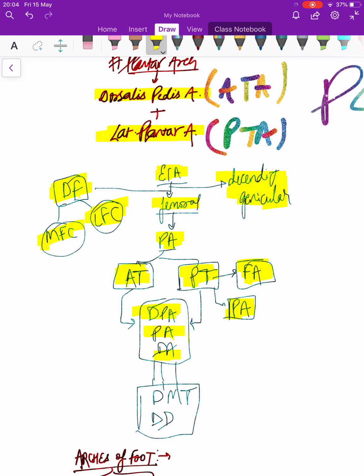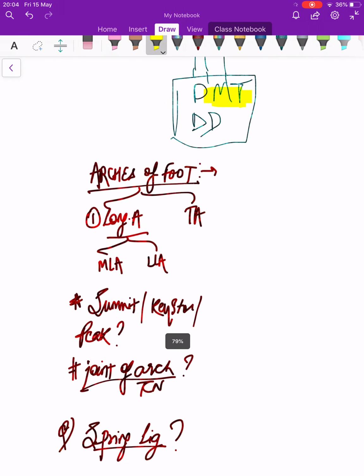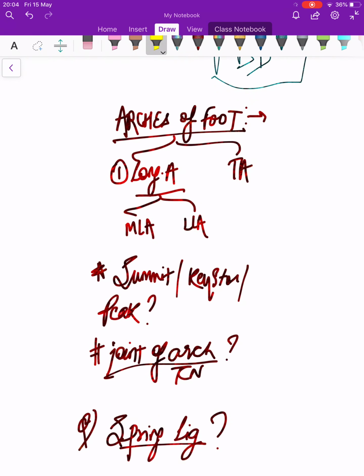And also they will give a branch to the dorsal metatarsal digits, dorsal foot. Then we will talk about the arches of the foot.